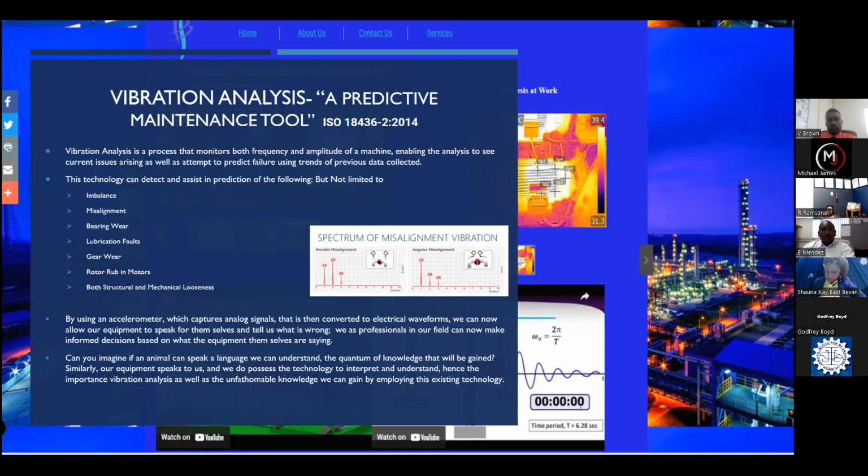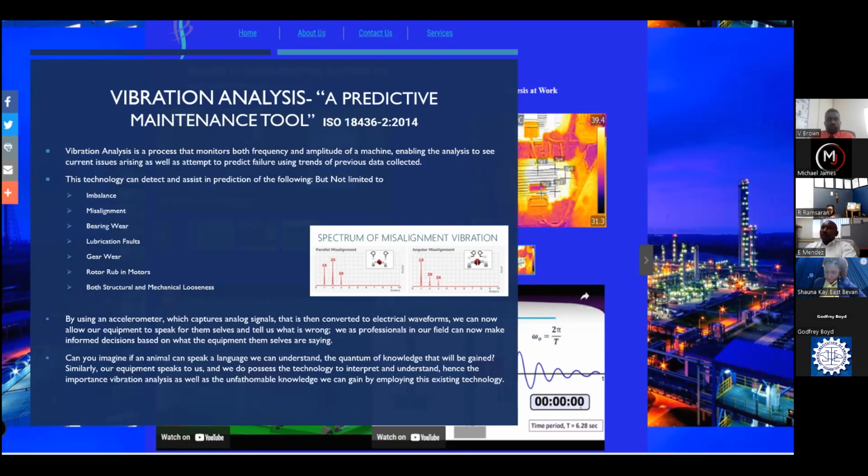This technology can detect and assist in the prediction of the following, but is not limited to: imbalance, misalignment, bearing wear, lubrication faults, gear wear, rotor rub in motors, and both structural and mechanical looseness.